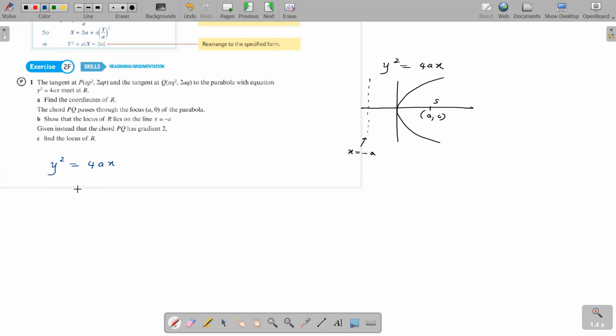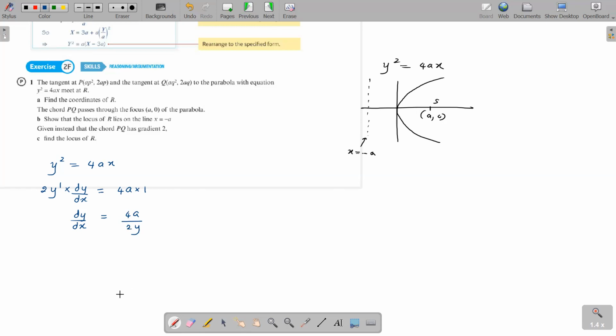How do you differentiate y² with respect to x? First you deal with the power, so 2y to the power 1. After you're done with the power, go inside and differentiate y, dy/dx. The right side is 4ax. When you differentiate, 4a times x, the differentiation of x is 1. So I end up getting dy/dx = 4a over 2y. Do you agree?